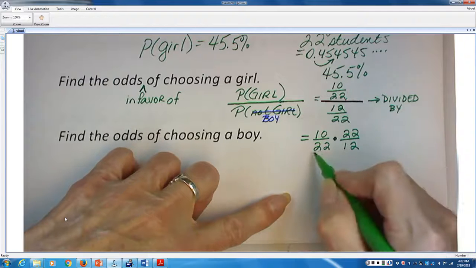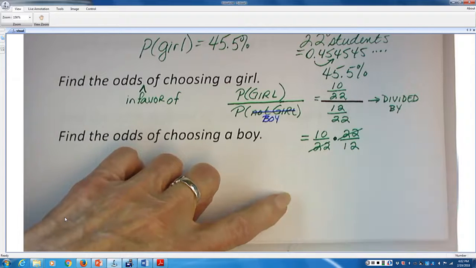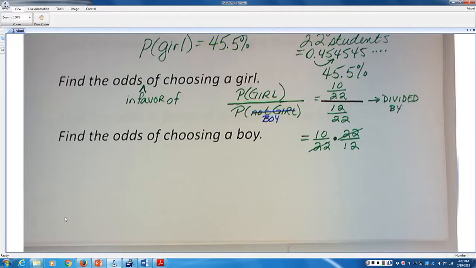And when you multiply, look what happened. Now, we don't write the answer as a fraction because odds are not expressed as fractions. Odds are never expressed as fractions or decimals or percents.